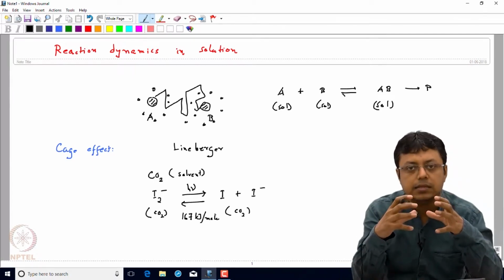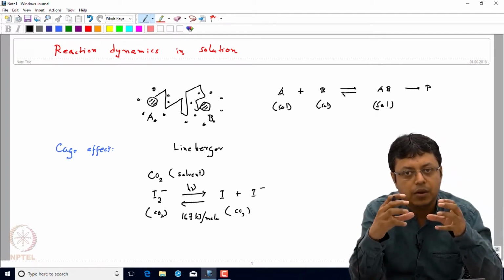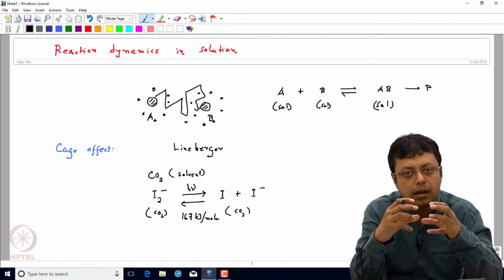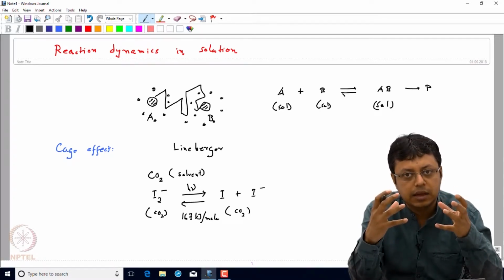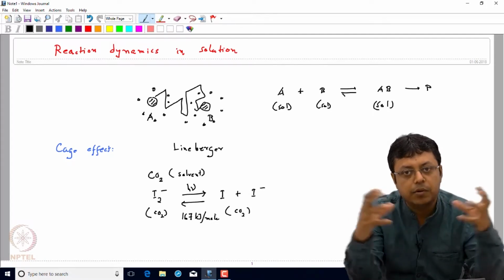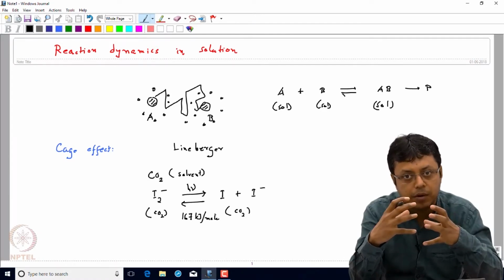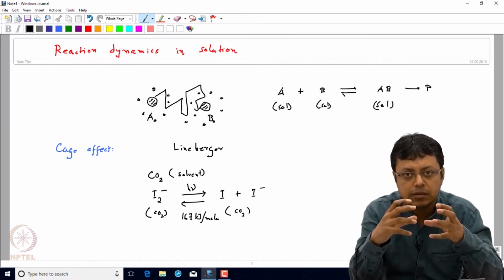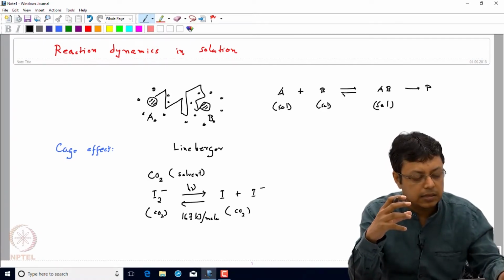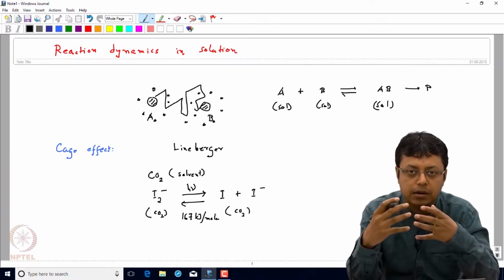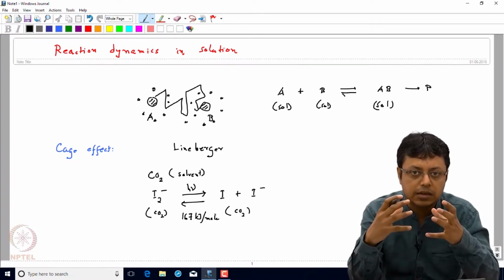Now it will depend on the size of the solvent cage. If the solvent cage is small, that excess energy may lead to evaporation of the solvent. So basically this solvent cage will evaporate, and this expulsion of the solvent may not be true for large clusters.